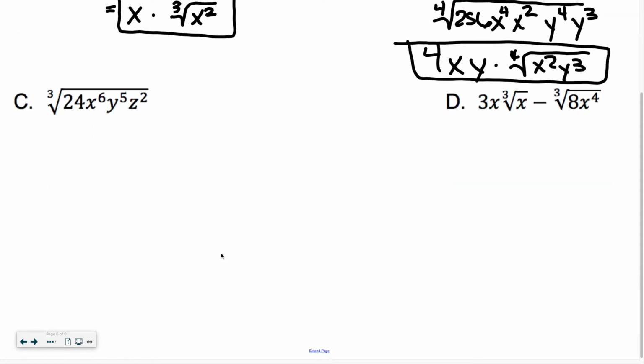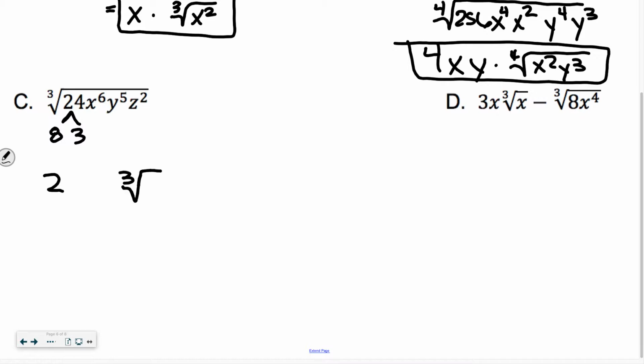Okay. Cube root of 24. Do you know that one right offhand? No, because it's not on the list. Are there any perfect cube factors of 24? 8. 8 and 3. Okay. So, I can do the cube root of 8, that's 2.